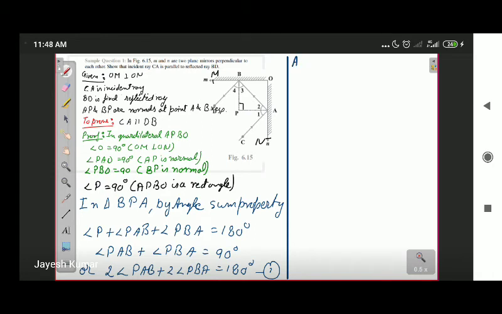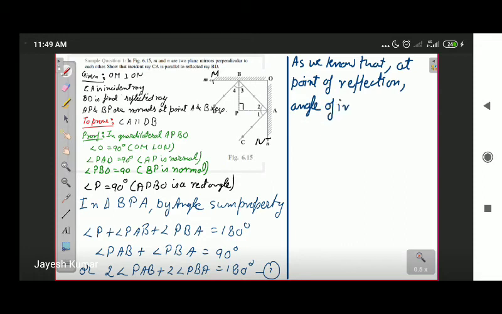As we know, at the point of reflection, the angle of incidence and the angle of reflection are the same, or you can say exactly equal.